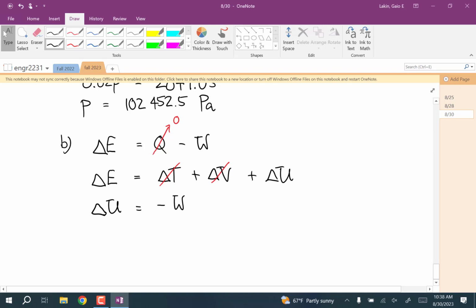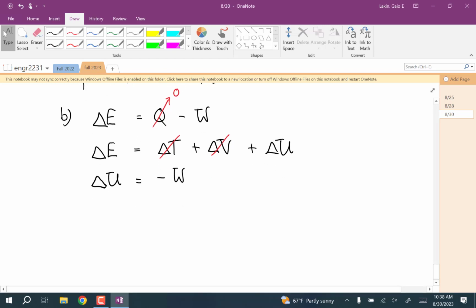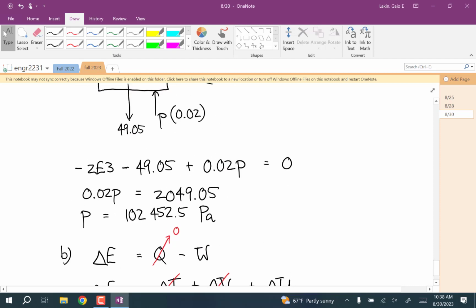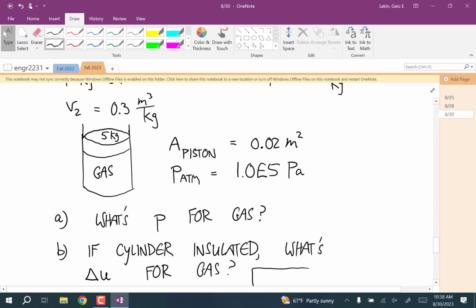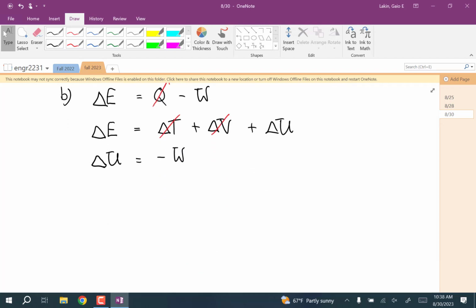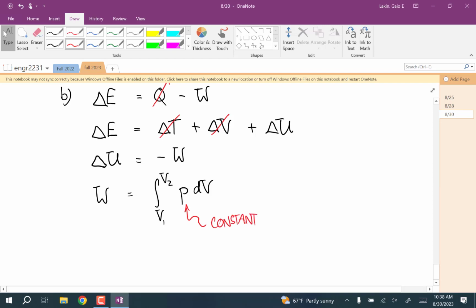Is there a way that we can calculate that work? Yeah, the integral. Yeah, that's right. Remember that the way this is set up, we have a constant pressure, okay? So the work is equal to the integral from volume 1 to volume 2 of PdV, and this pressure is constant. And we just calculated what that is.